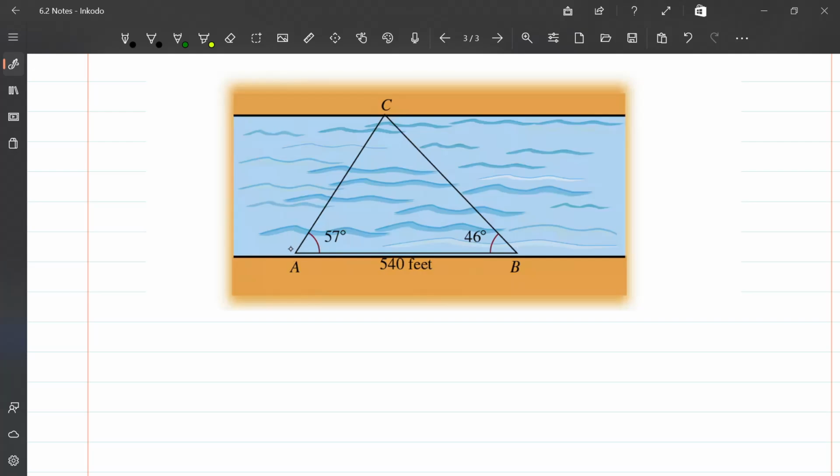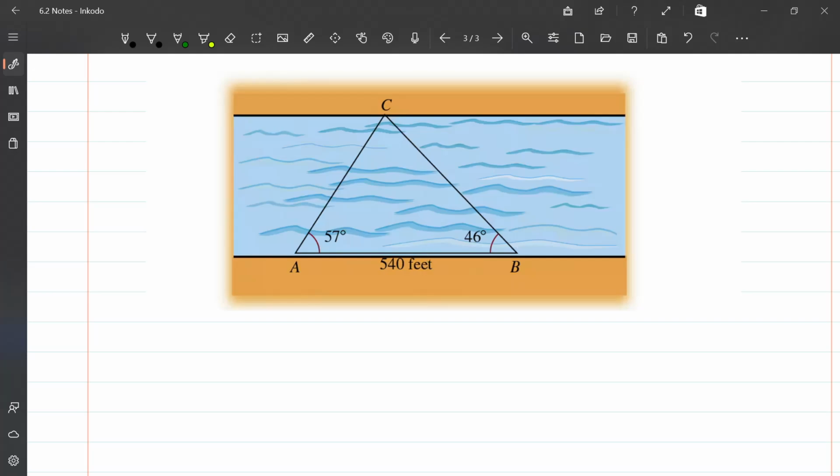Remember, we want to find the length of the side AC, which means we're going to need to use the angle opposite that, which would be angle B. However, we weren't given the length of the side opposite big A. That side isn't known either. The only side length we were given is this one opposite C.